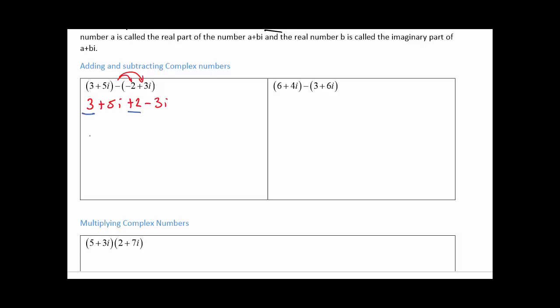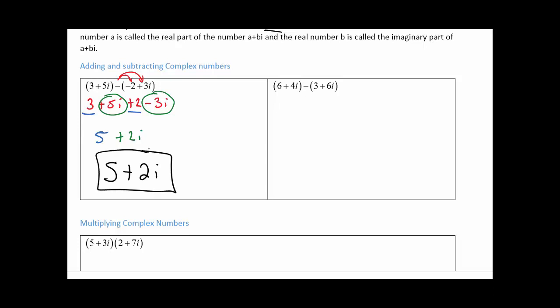So I see that the 3 and the 2 combine to 5. And the 5i and the minus 3i, we can add those together to get positive 2i. So when subtracting these two complex numbers, we end up with 5 plus 2i as the final answer there.